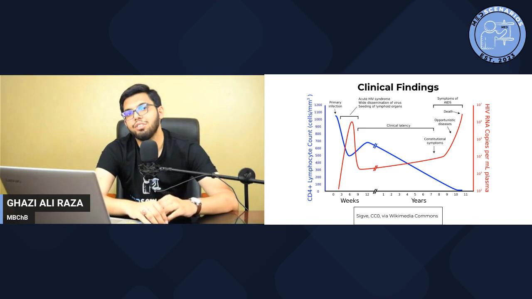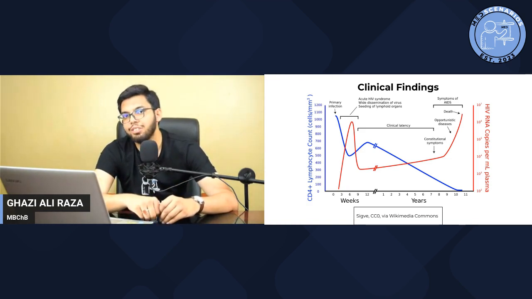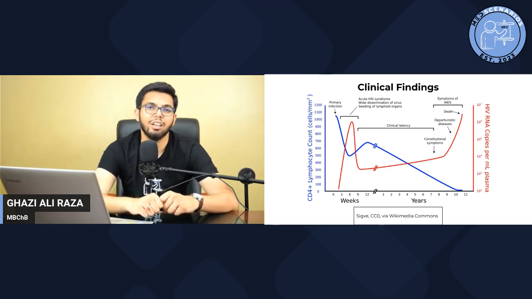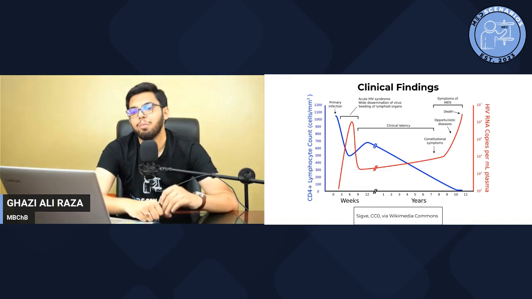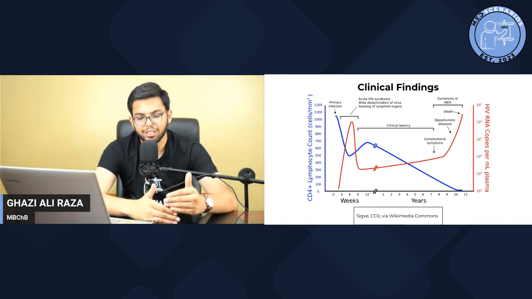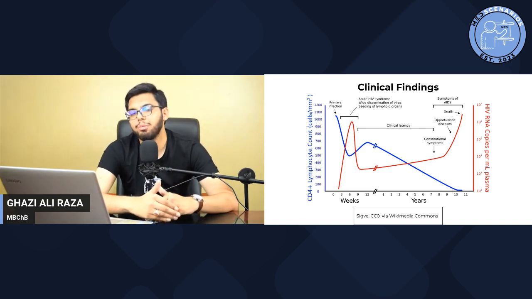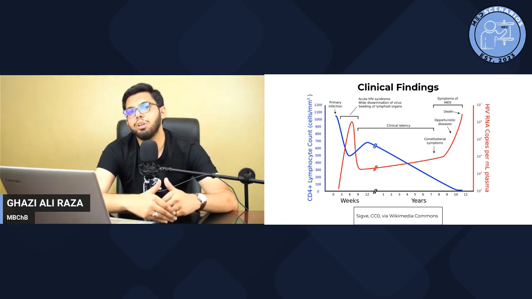And the activity of CD8 cells also declines with time, as the CD4 cells, which are responsible for activation of CD8 cells, also decline as they're destroyed. A point comes when the CD4 plus cell count drops down to 500 cells per millimeter cube. This is the lower normal limit considered by CDC, and from there on, it reduces down to a point of 200 cells per millimeter cube.